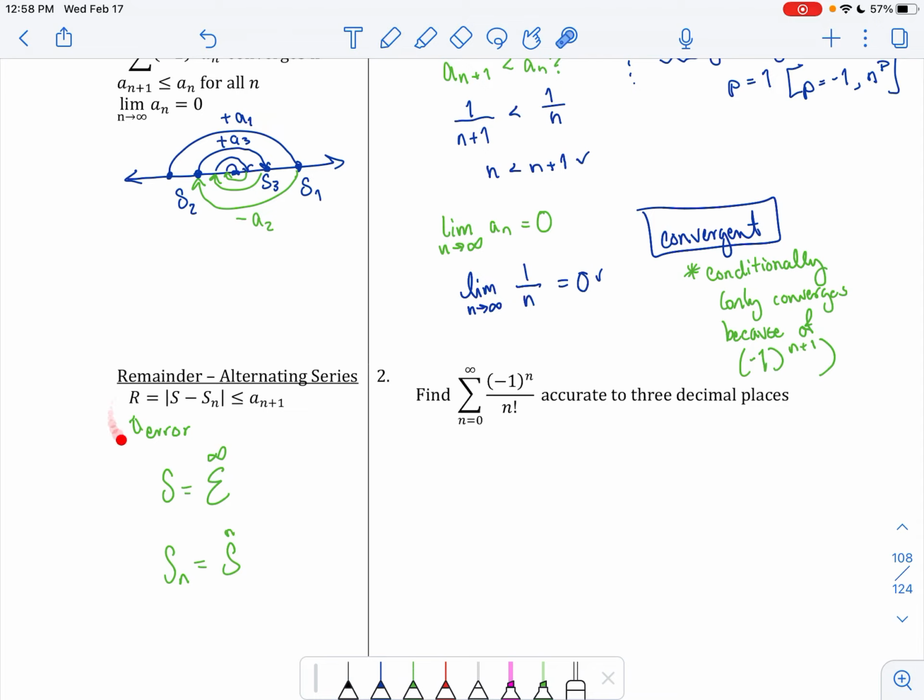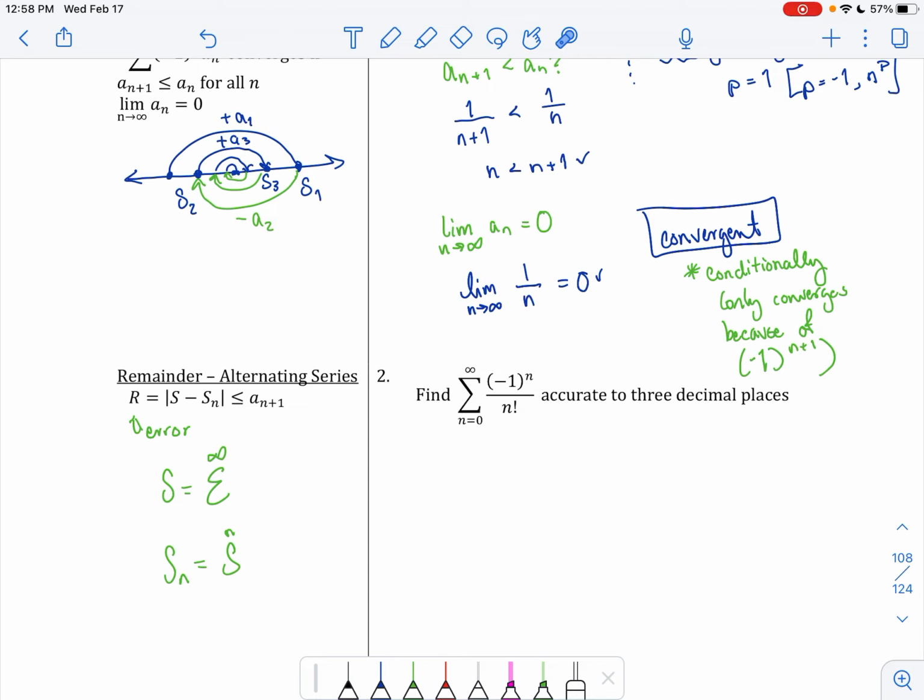And the idea here is that the error, the difference between the total value of the infinite series and the partial value of the infinite series, is less than or equal to the next term. Because we're always getting closer, each term brings us closer.